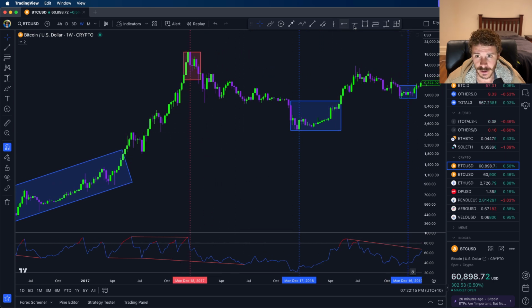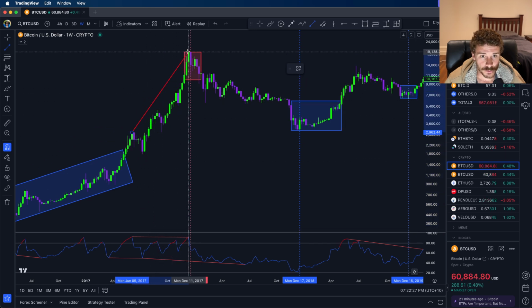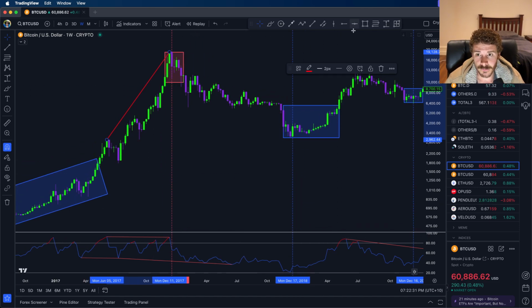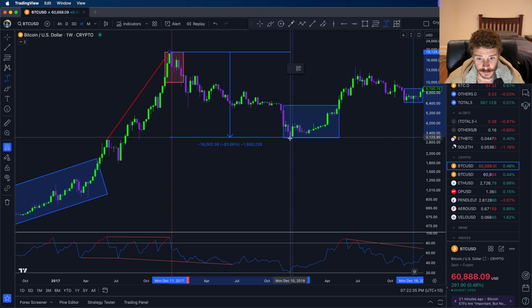The divergence played out eventually, and as you can see here, the lower high there, price didn't collapse, didn't go down, but it still got to this peak, and we had a red line, and when the red line played out as best it could, we had a big peak, and then obviously it dropped.